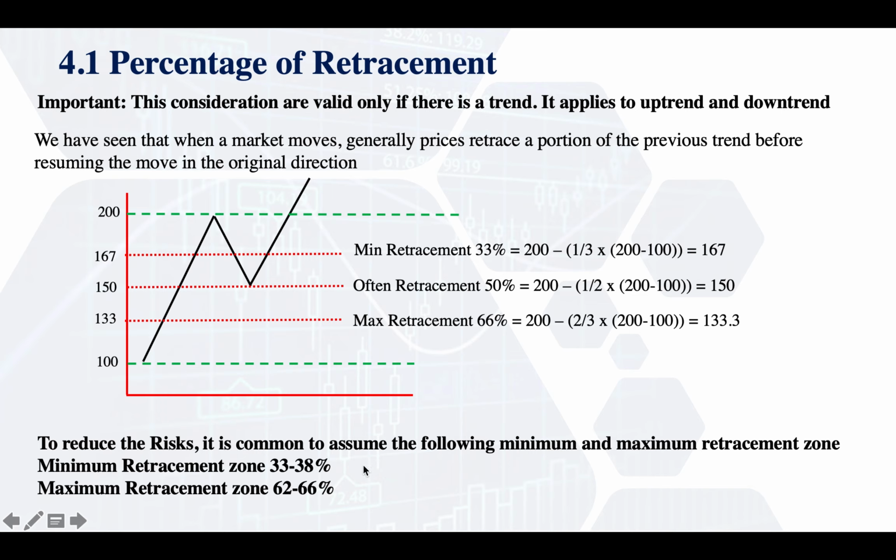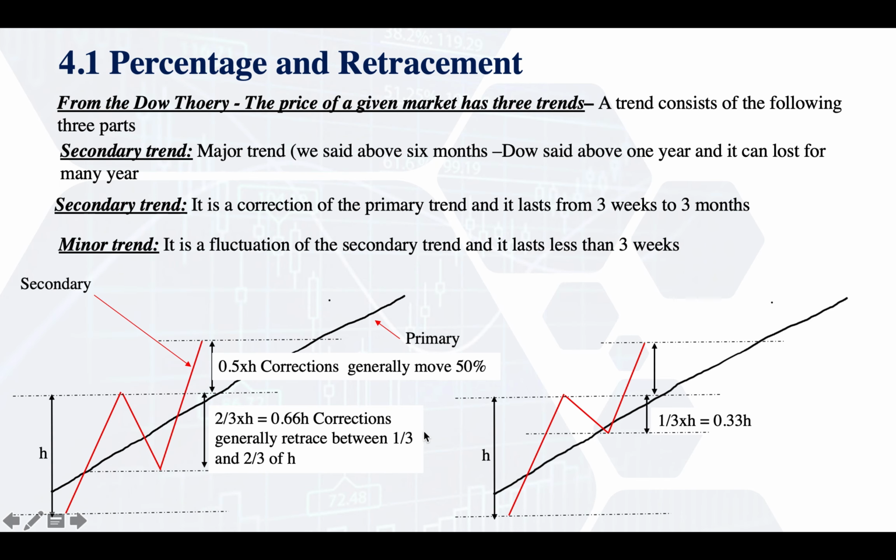Those are the numbers that we have always considered. We have increased these two zones a little bit, just to reduce the risk, and to embrace all the different theories between Fibonacci, Gann, and Elliott waves, and the 1/3 and 2/3. All those theories together give us those retracement zones. So let's move to the next slide.